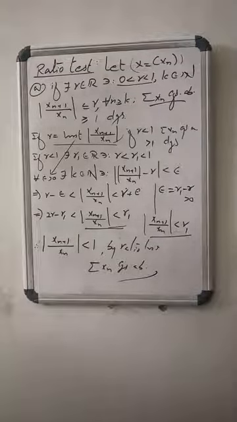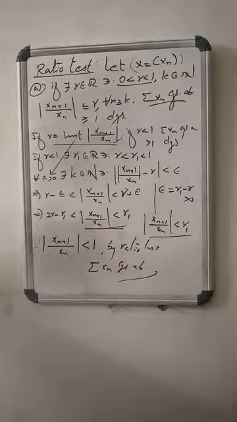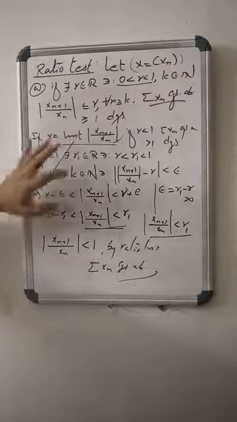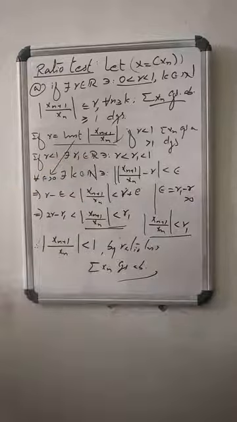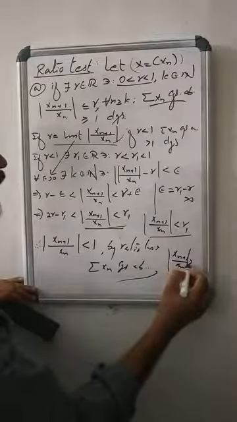Then for divergence, when r is greater than 1, this also diverges. That's again by using the same arguments. Clear? If r equals limit of modulus of xn plus 1 by xn, and r is greater than 1, then modulus of xn plus 1 by xn is greater than 1.